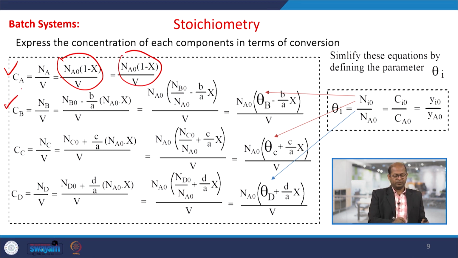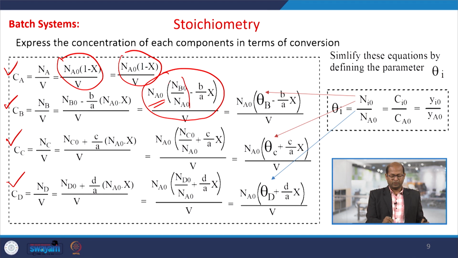Similarly, for component B, component C, component D also we can write this. Here you can notice, if we take out Na naught from the brackets, then we have to divide Nb naught by Na naught. So, Nb naught by Na naught we are writing here as theta B.